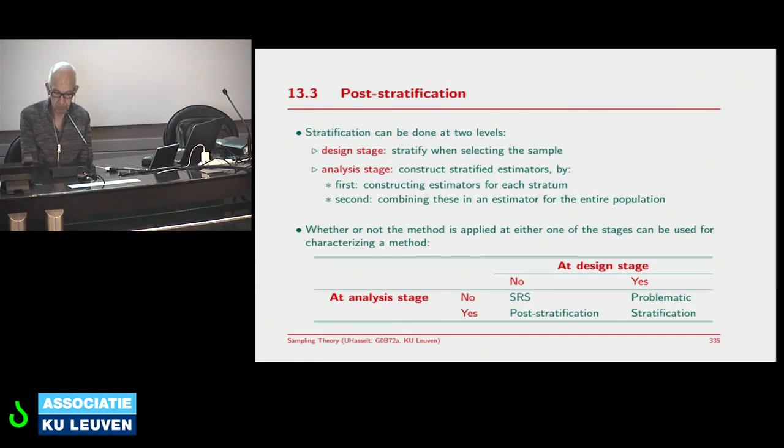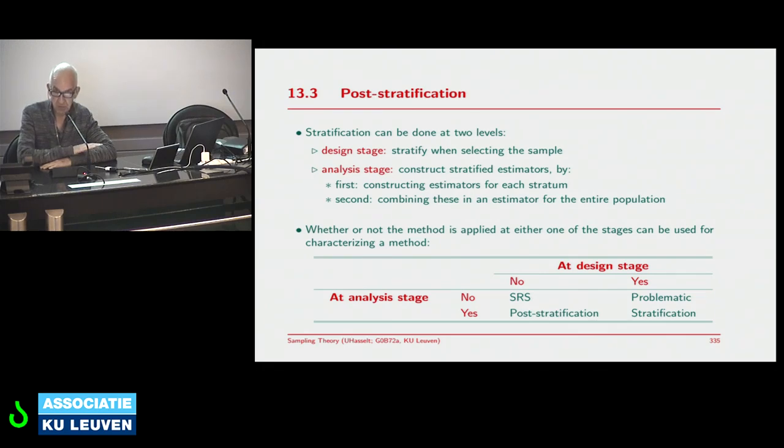Okay. Now, an important difference that can occur is between pre- and post-stratification. What we have been discussing and what we called stratification, nothing more than stratification, is actually pre-stratification. We stratify by design. We divide the population into strata and we decide on the sample size that we take in each one of those strata.